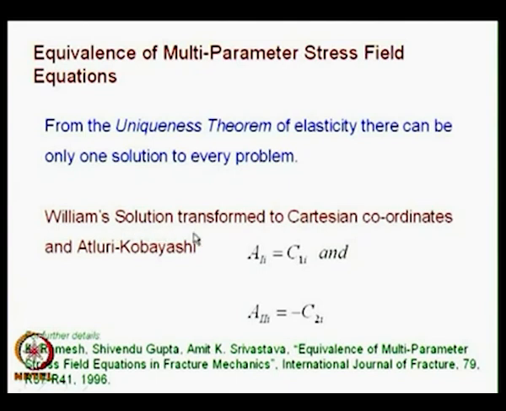If those stress components are transformed to Cartesian coordinates and compared with Atluri Kobayashi, you take the reference as A1i and A2i. A1i is nothing but C1i of Williams solution, and A2i is nothing but minus C2i. So the solutions given by Williams and Atluri Kobayashi are not different, they are one and the same.